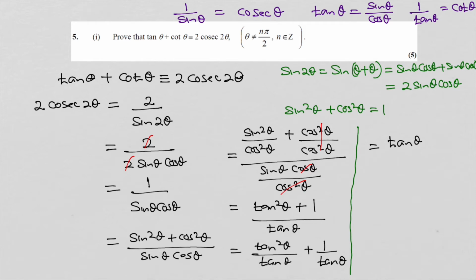So one cancels the other, just left with tan theta plus cotan theta, because you can see 1 over tan theta is cotangent theta. We've arrived at our proof that tan theta plus cotan theta is identical to 2 cosec 2 theta.